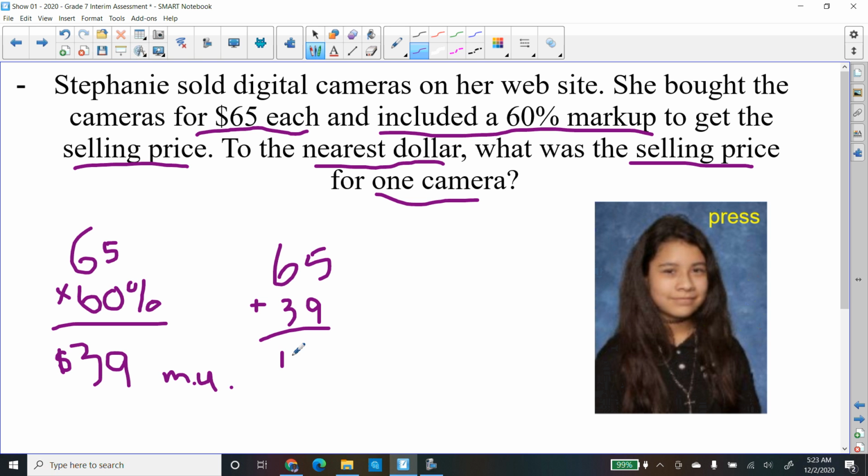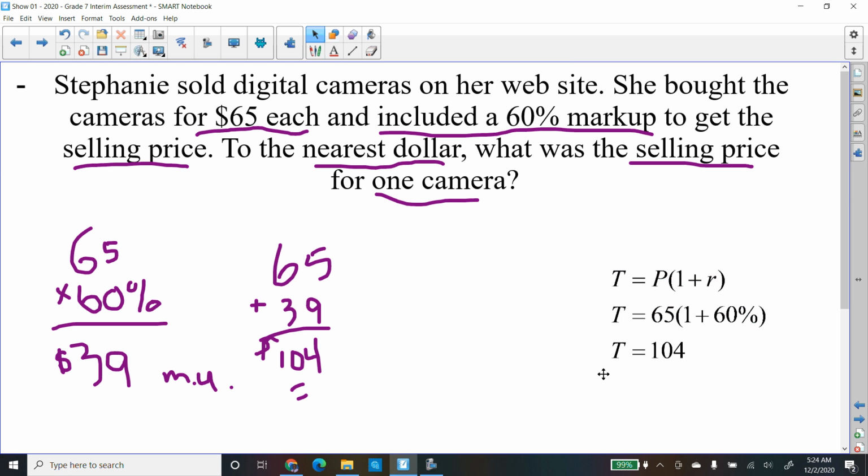That'll give us, I believe, $104. And we don't have to worry about change because there is no change, so we don't have to worry about rounding it off. So rounded to the nearest dollar, it will be $104.